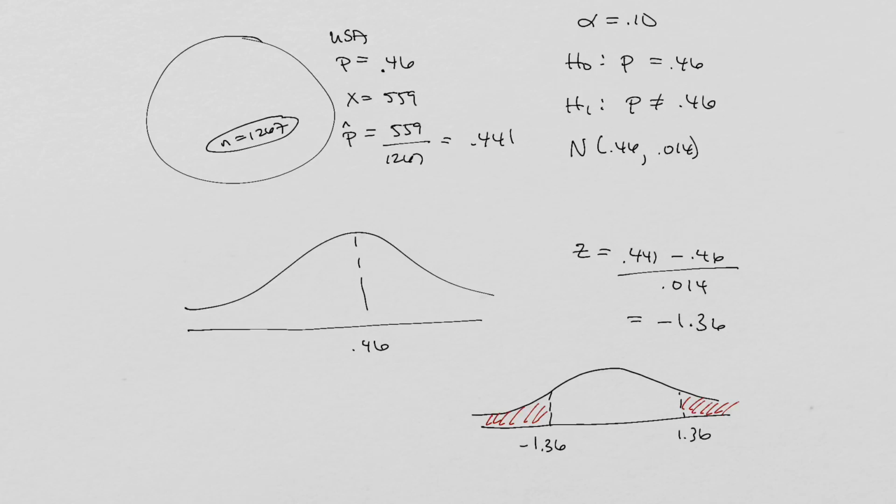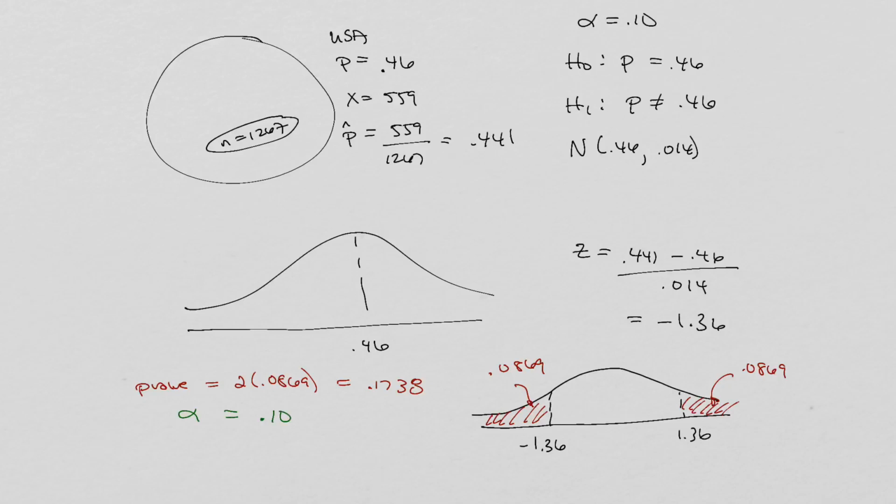If you look up negative 1.36, this is 0.0869, and due to symmetry, the other side has got to be 0.0869, or you can look it up if you don't believe me. So the p-value is 2 times 0.0869, which is 0.1738. So the p-value is 0.1738.